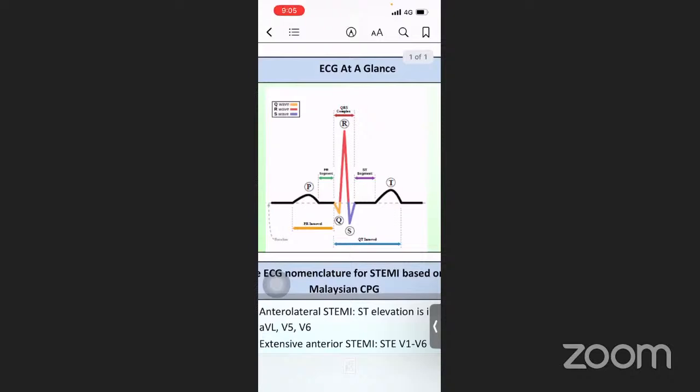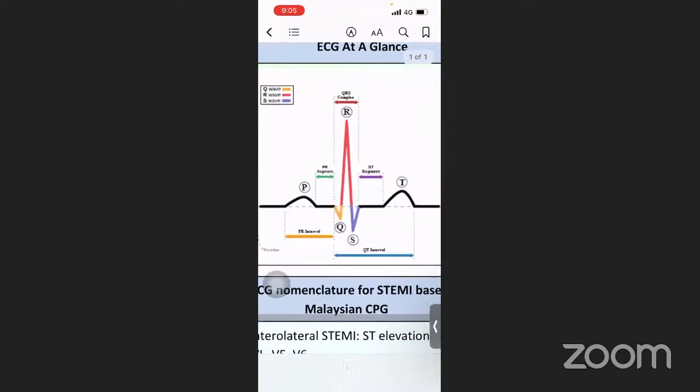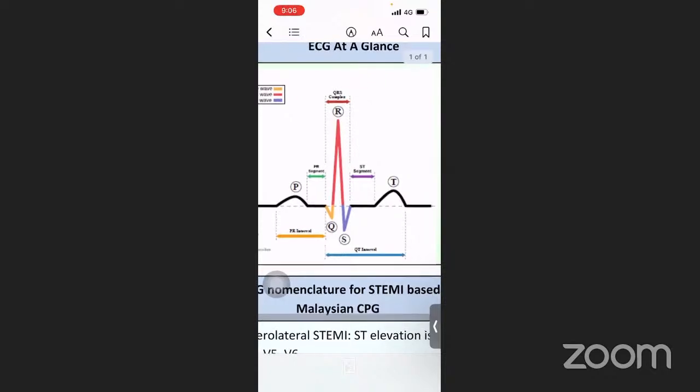So ECG and EEG, even though both are electrical rhythm, one is the electrical rhythm of the heart, one is the electrical rhythm of the brain. Then you have the ST segment followed by the T wave.